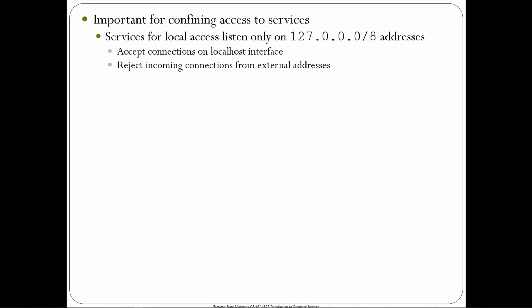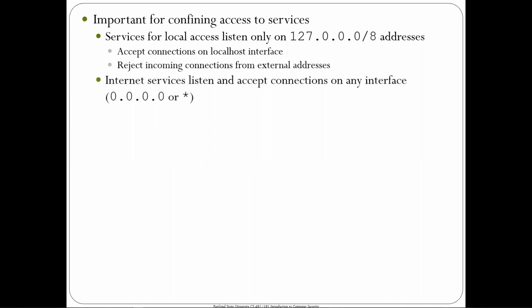Only processes on the machine can connect to that loopback interface, and it will reject any other connection from external addresses. If you have servers on your machine that you want everybody to be able to access, then you want to accept connections on any interface, not just the loopback, but also the regular interface, like the Ethernet interface, for example. And you specify that using 0.0.0.0, saying anything, or a star sometimes.